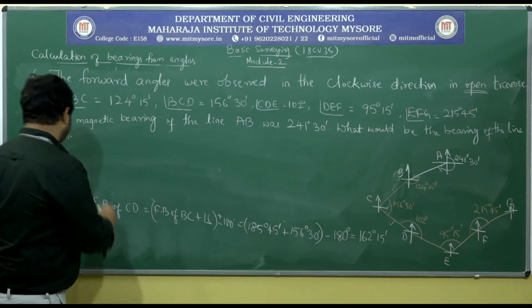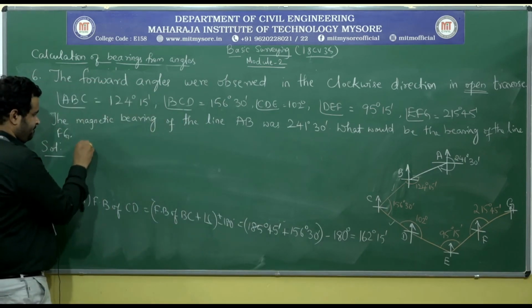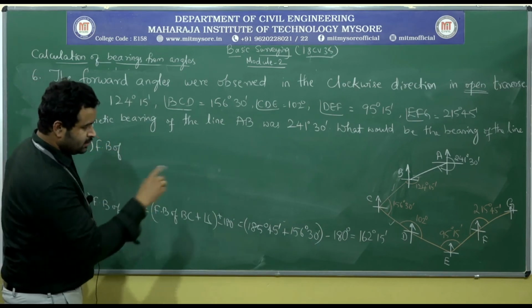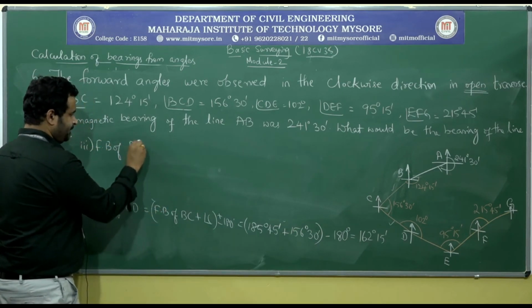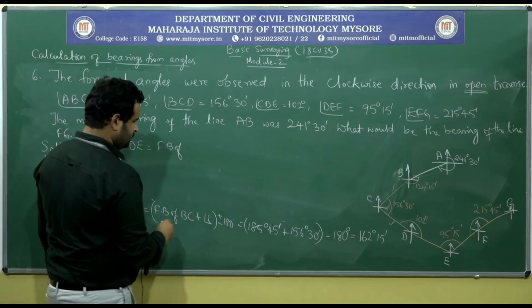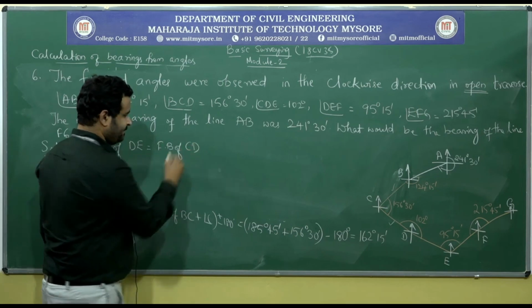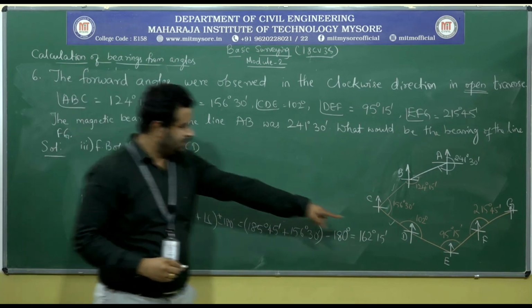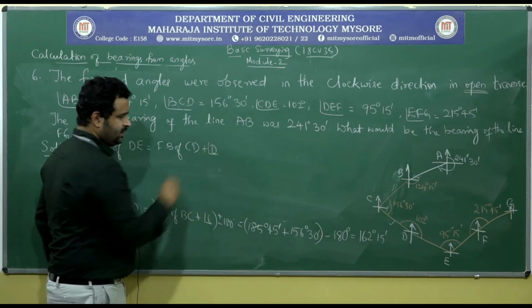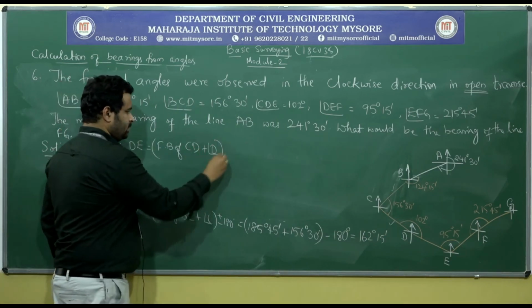We shall calculate forebearing of the line DE. The next line is DE, that is equal to forebearing of the previous line CD plus angle D, same thing.